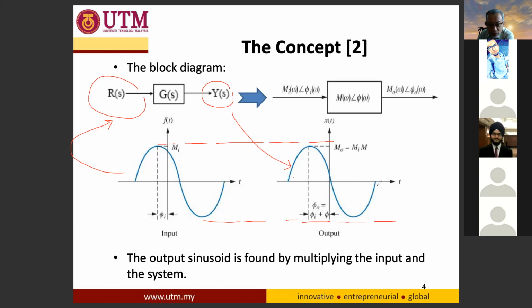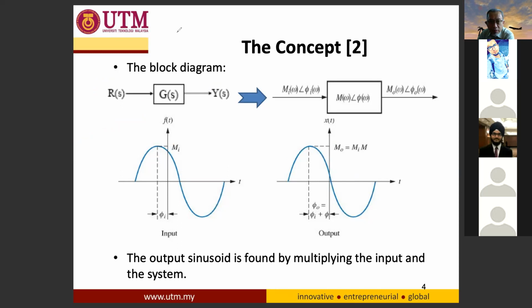The output sinusoid is found by multiplying the input and the output of the system. I will give you an example of how to judge the phase of the frequency response, which is negative and positive. Let us go to this iPad to describe it.